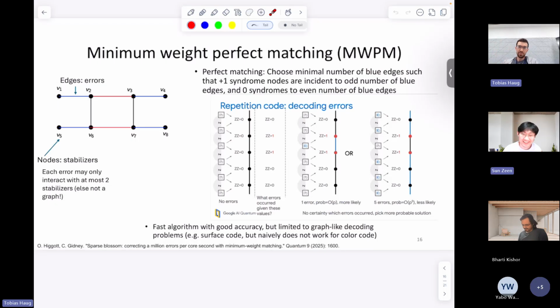You can always pick them apart and decompose errors. If you use Stim, which I talked about earlier, Stim does it automatically for you. You can feed in any type of decoding problem, and it will approximate it using graphs, because Stim usually uses perfect matching.